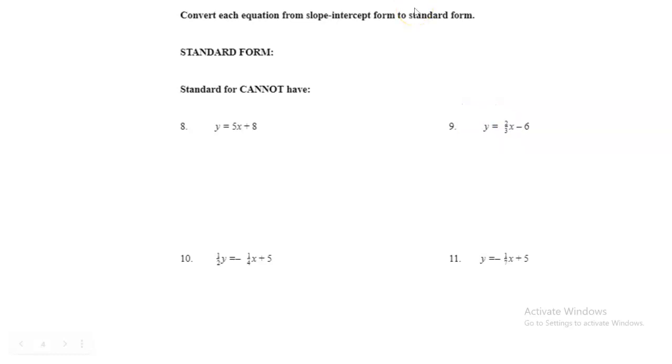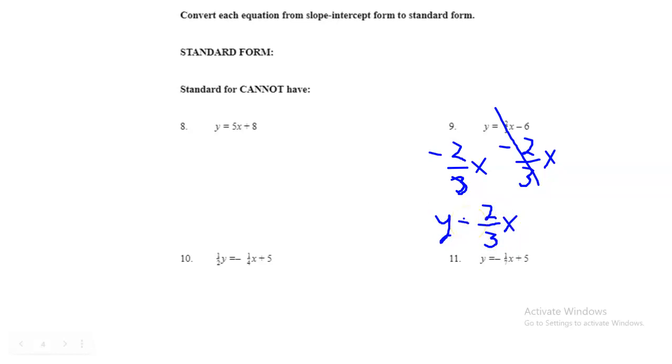So first thing I'm going to do is I'm going to subtract 2/3 x from both sides. Okay. So when I do that, those cancel out, give me 0. So I've got y minus 2/3 x. And that's equal to -6.